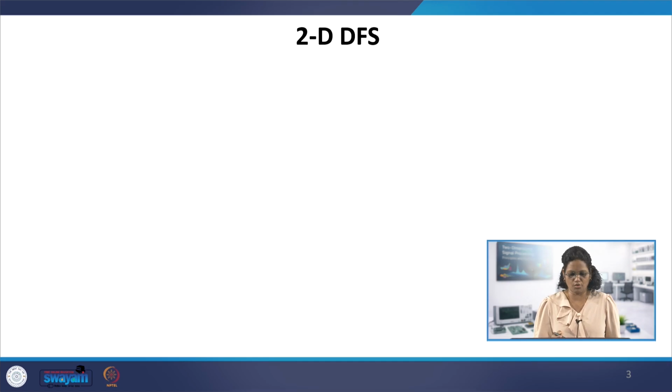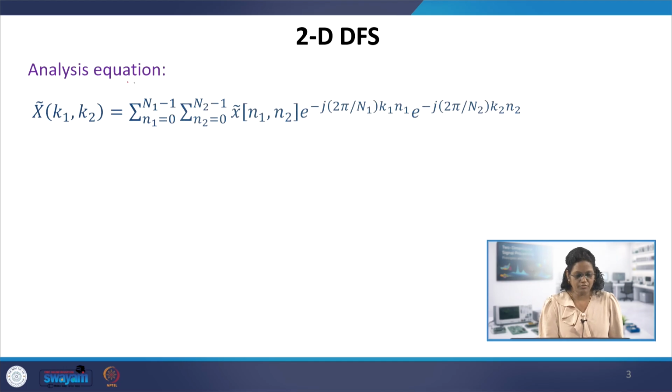The time is dropped here, and the analysis equation which is obeyed by this DFS is just simply extending the 1D DTFS that we had done in 1D; the time is dropped here, it is DFS. So x tilde of k1 comma k2, this tilde we use to represent the periodicity in 2D, is the summation with n1 varying from 0 to N1 minus 1.